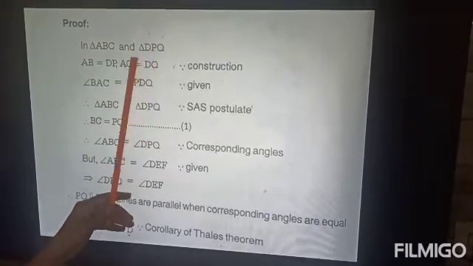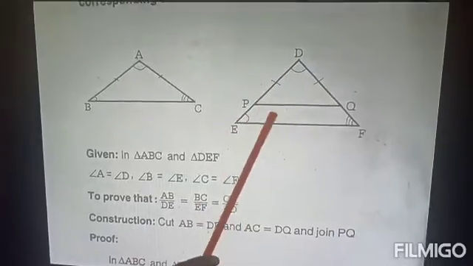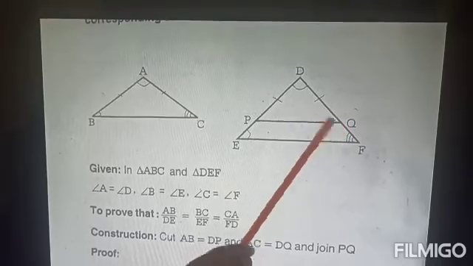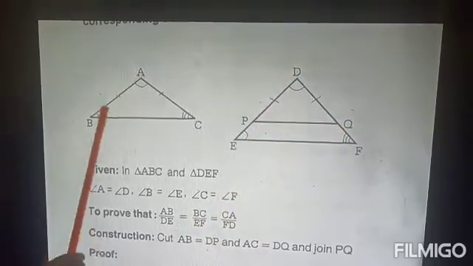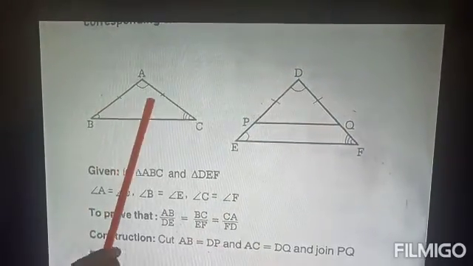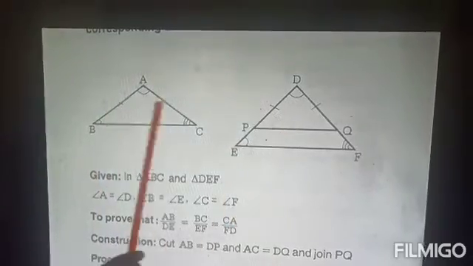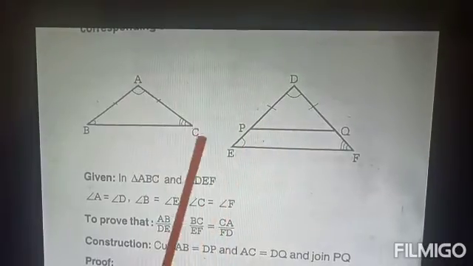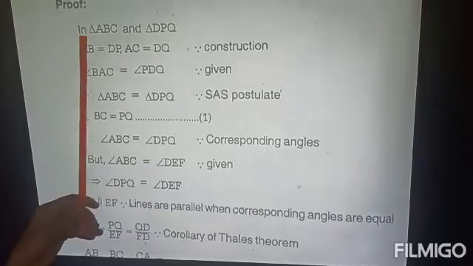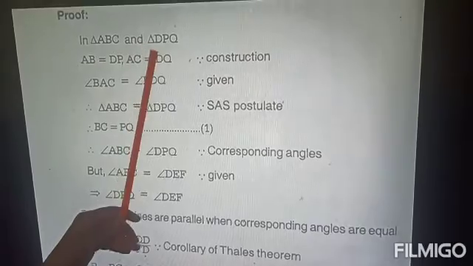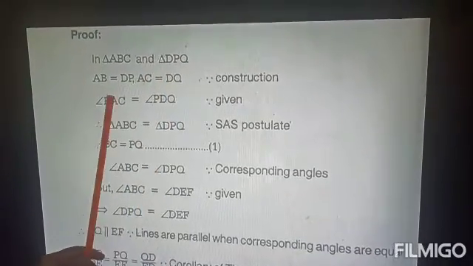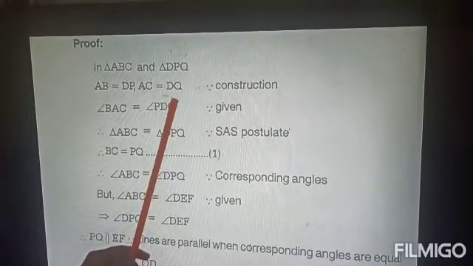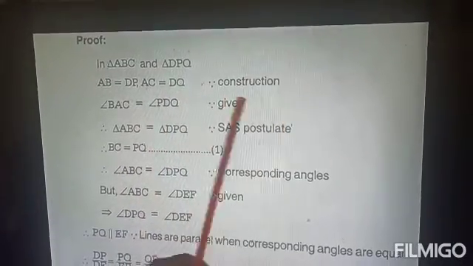After construction, we got the new triangle DPQ. This triangle we have to take with this triangle. In the proof, first we take these two and prove these two triangles are congruent. In triangle ABC and triangle DPQ, AB is equal to DP, AC is equal to DQ. That is according to construction.